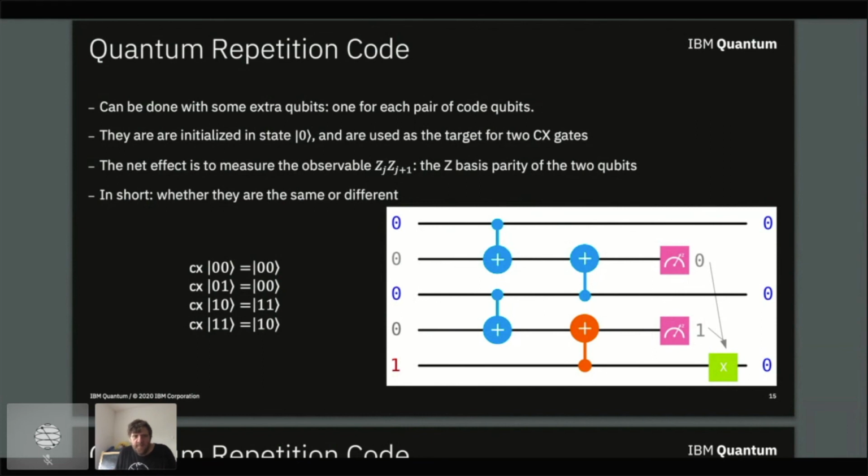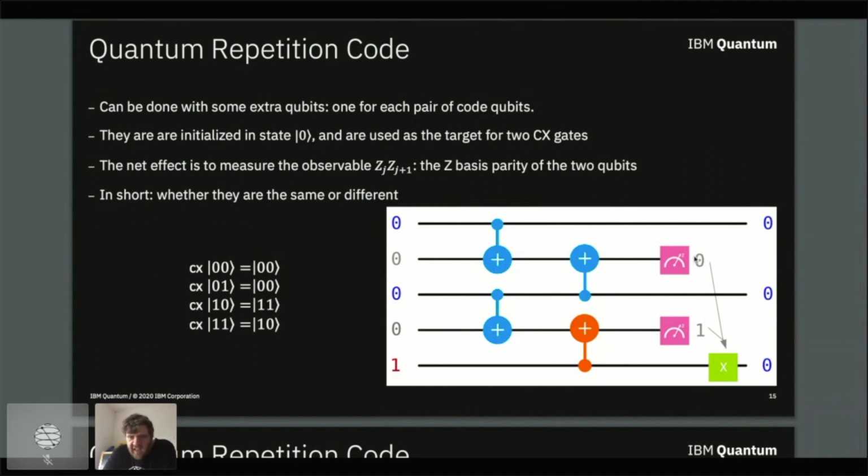We don't care. We just want to distinguish that from the case where you're 0, 1, or you're 1, 0, or you're some superposition of that. Can you distinguish those 2 cases of you being some sort of same or some sort of different? And by measuring the ancilla, that is exactly the information you get. 0 tells you that they're the same, 1 tells you that they're different.